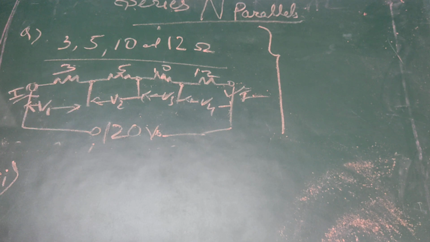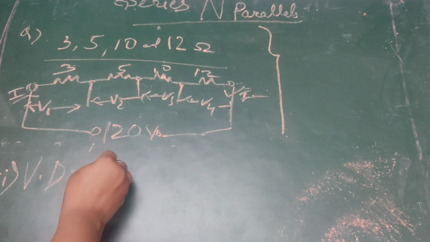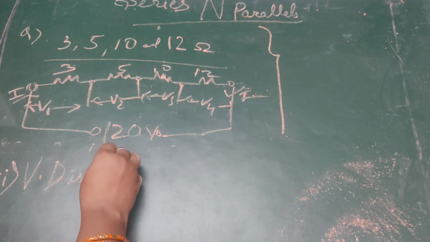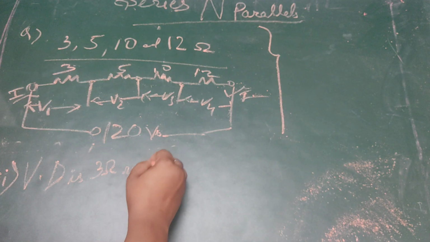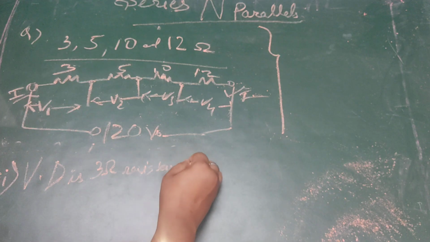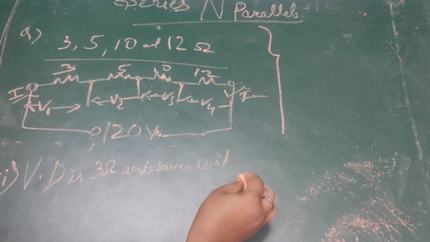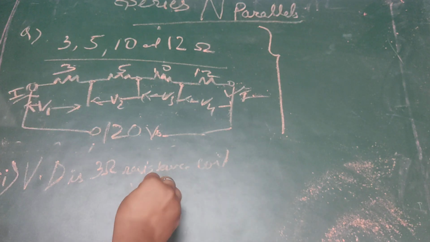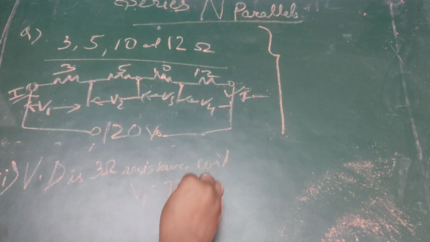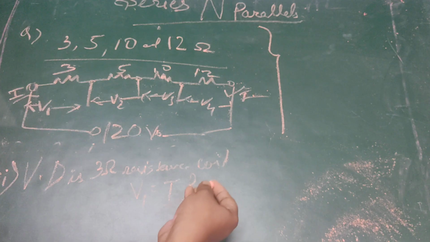Voltage drop in the 3 ohm coil, that is V1. V equals IR, as we all know. We just have to put the values.